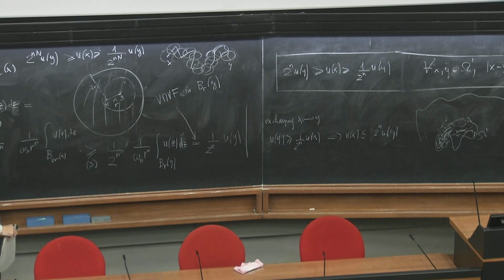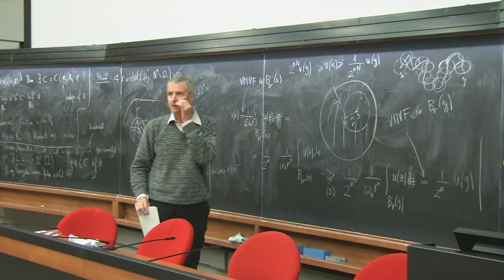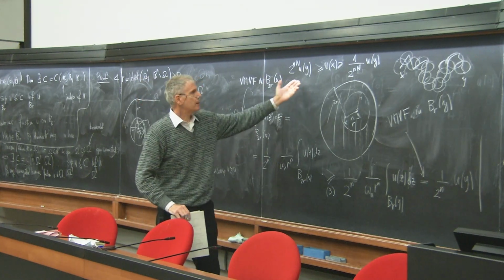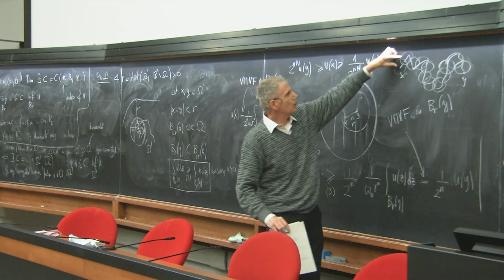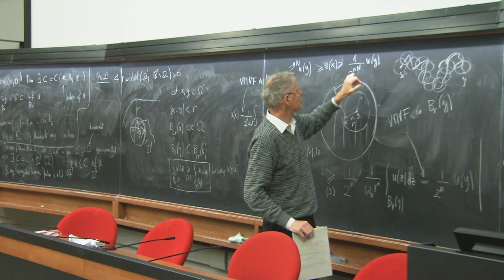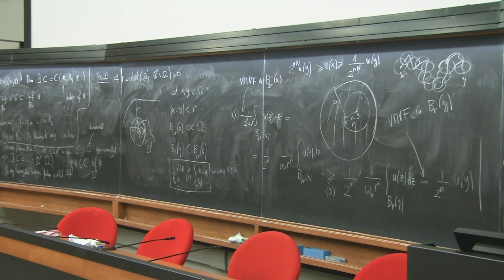We get balls overlapping, B1 to B capital N, such that that is the minimal number of balls that satisfies this condition. Each time we do a step here, we lose a constant of this form, and we do this step capital N times. So we should have essentially this kind of inequality.